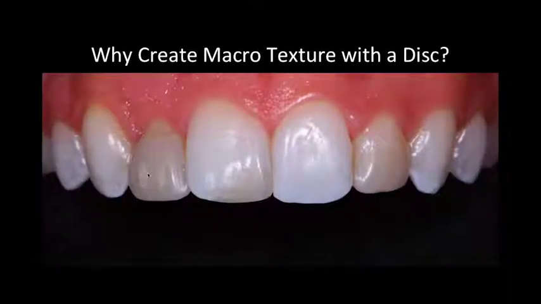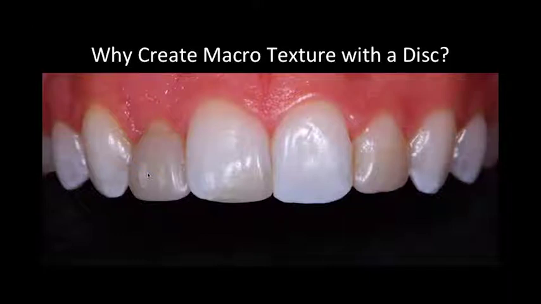So let's talk about why I want to create macro texture with the disc. A lot of people would think that seems counterintuitive because the disc is flat, and I know a lot of clinicians like to create surface contour with a fine diamond, a white stone, or a brownie. The thing about those instruments is that they are all convex shapes.